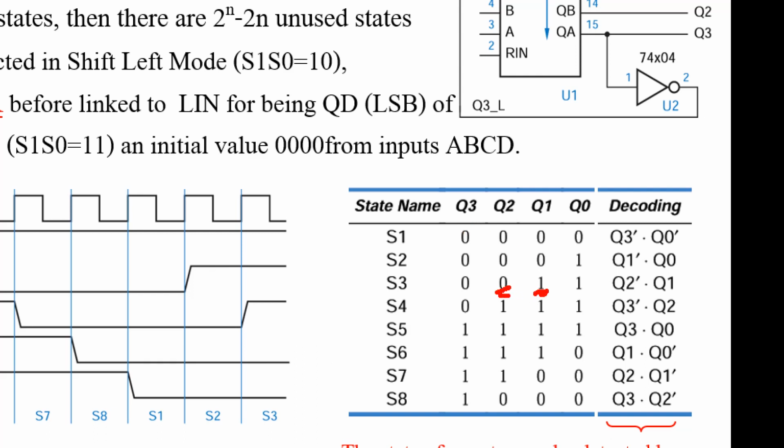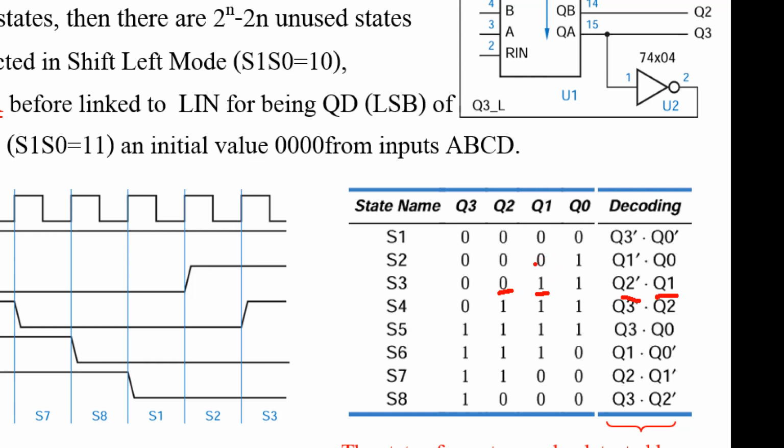Okay, 2 bits. This is 0, this is 1. So you can show that this side of the bit is 0, and this side of the bit is 1. So you can take just these binary bits, so Q2 prime and Q1.